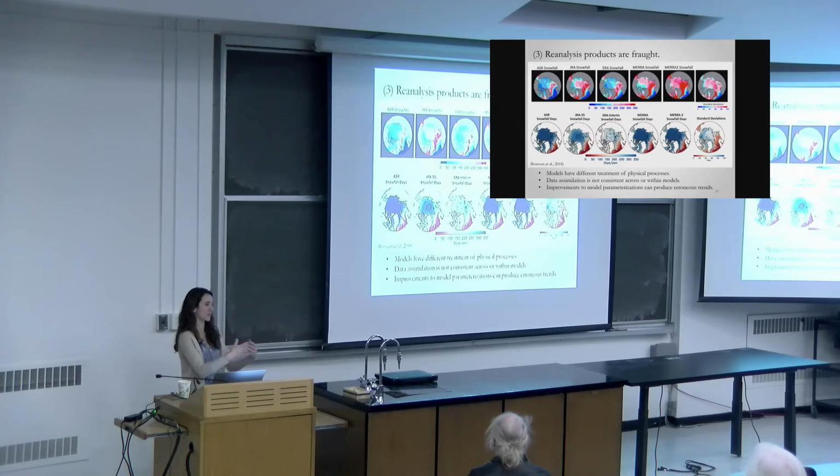The model is running and outputting all of these variables that represent our environment. So it can be rainfall, snowfall, cloud cover, etc. And they're very sophisticated models, but they do have to simplify how processes are represented. And it's not just one model doing this, it's many different models, and they differ in how they treat their physics. And therefore, their output's very different from one another.